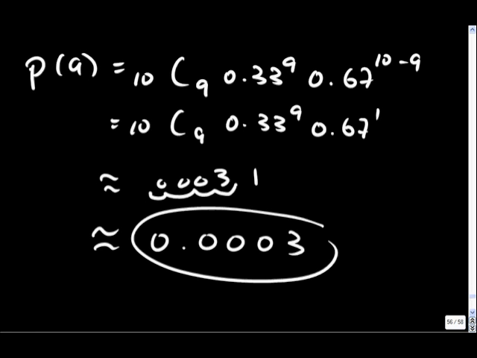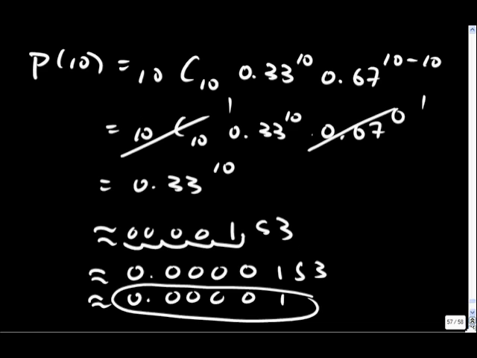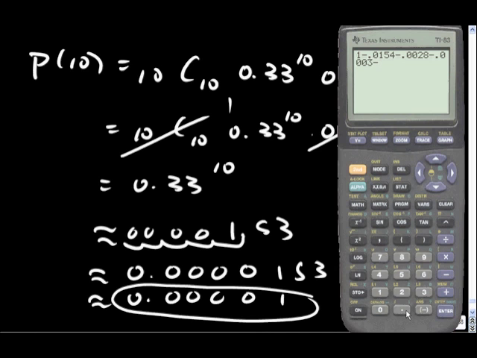I'm going to subtract 0.0003. Then I'm going to subtract P of 10, 0.12341. And we get 0.98149 as our answer.